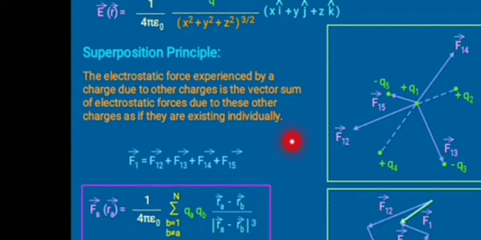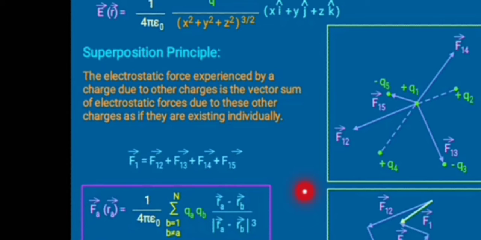Substituting the value of forces using Coulomb's law, we can write in short, the total force on charge 1 is equal to 1 upon 4 pi epsilon 0 sum of QA QB (RA minus RB) upon magnitude of (RA minus RB) cube.